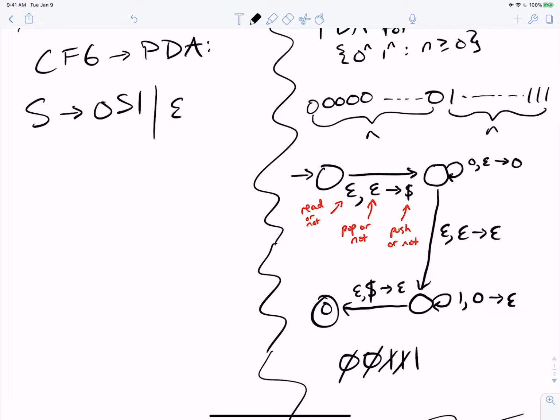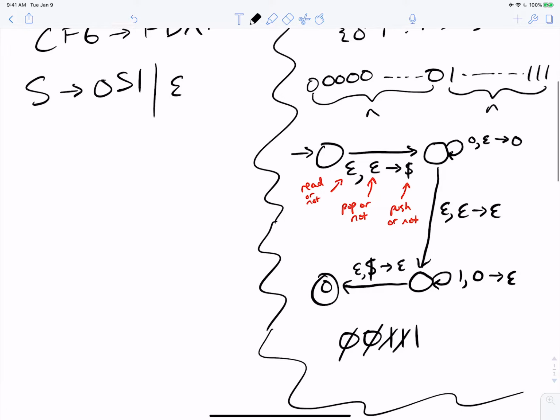So if a 0 is on top of the stack and 0 is on the input, I'm going to pop them off in tandem. And at some point, if we've matched everything up, there should be nothing on the stack. But do we have a check for whether the stack is empty? Do we have a pseudo check? Yeah, namely what?